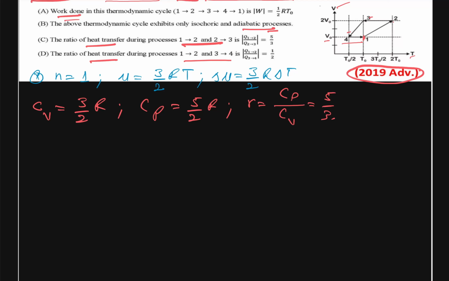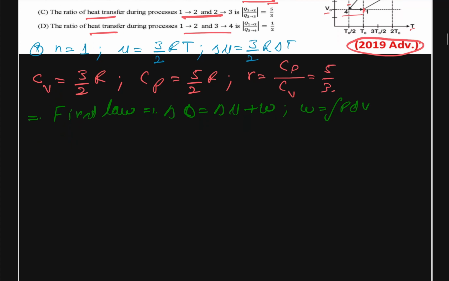Let us consider the processes one by one. In this case one important thing is that this process is cyclic, it starts from 1 and ends at 1. So we know that, let me write the first law. First law gives us that delta Q is equal to delta U plus W, and for W we can use the general formula, integral of PdV.